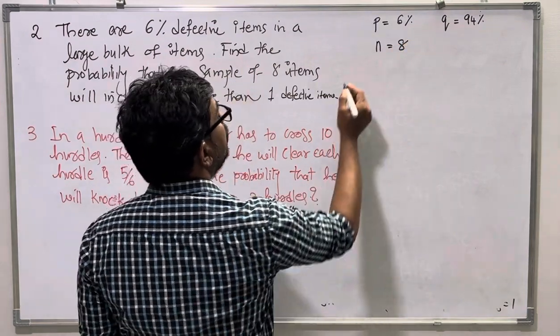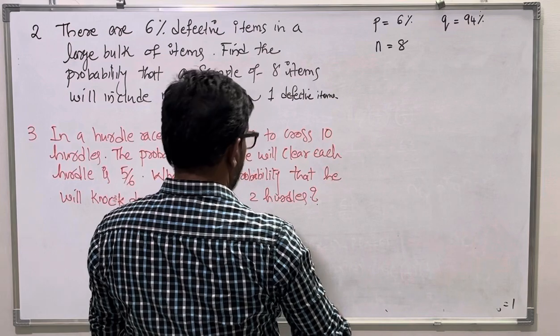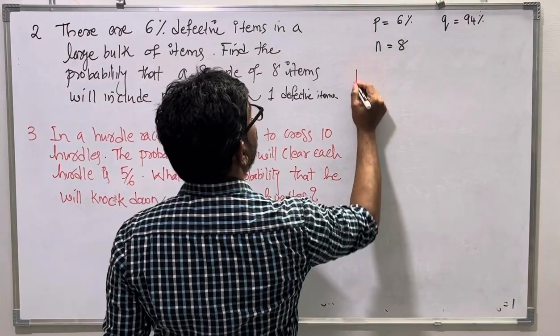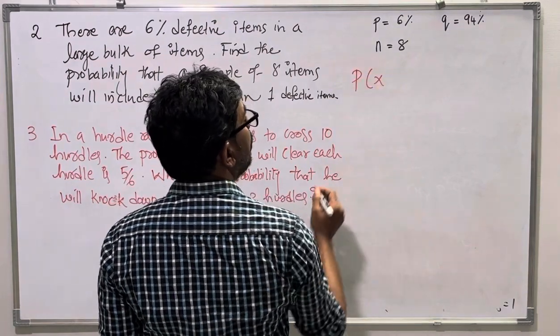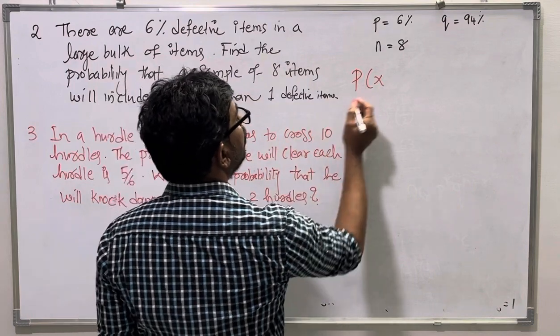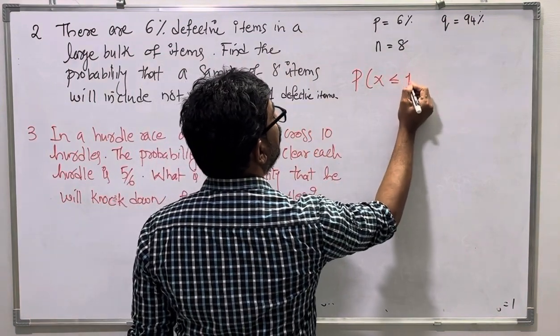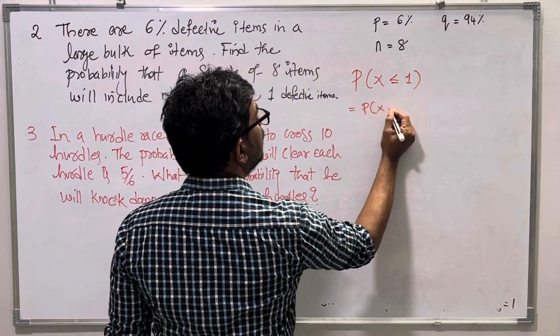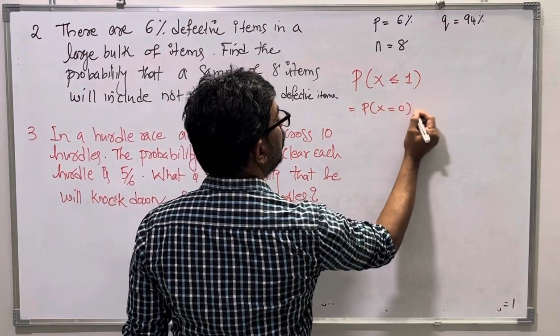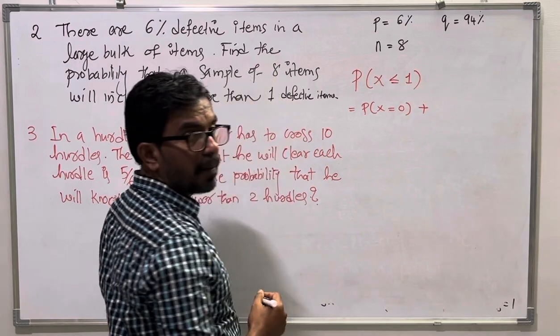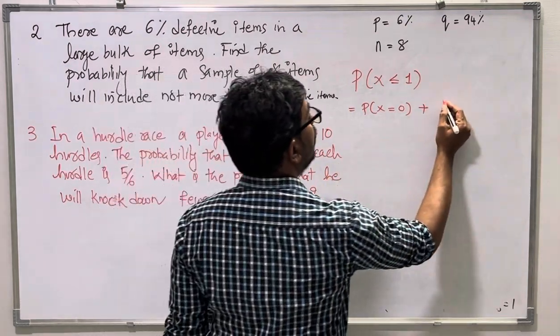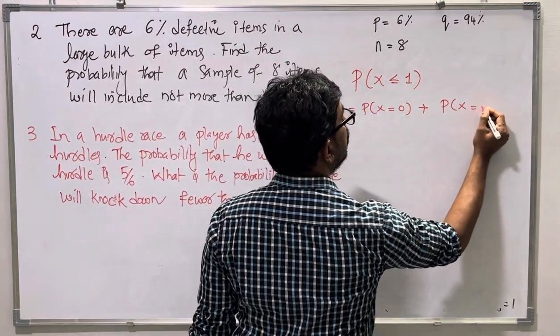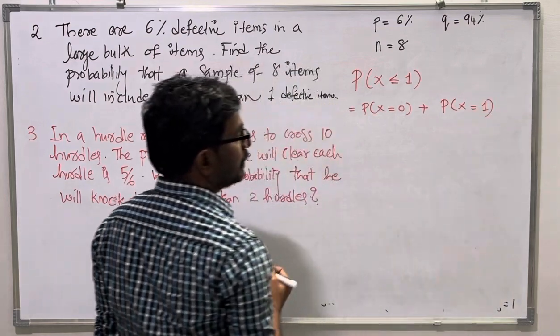In that, the question is probability of x should not be more than 1. That should be less than or equal to 1. This means x can be 0, discrete, so probability of x equal to 0, plus probability of x equal to 1. These are the two cases.